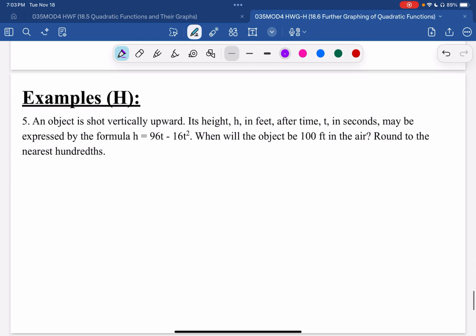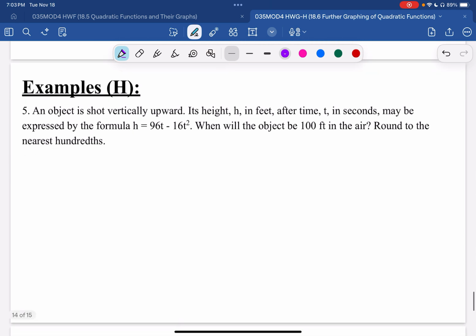This one says an object is shot vertically upward. Its height, h, in feet after time, t, in seconds, may be expressed by the formula h of t equals 96t plus 16t squared. When will the object be 100 feet in the air?